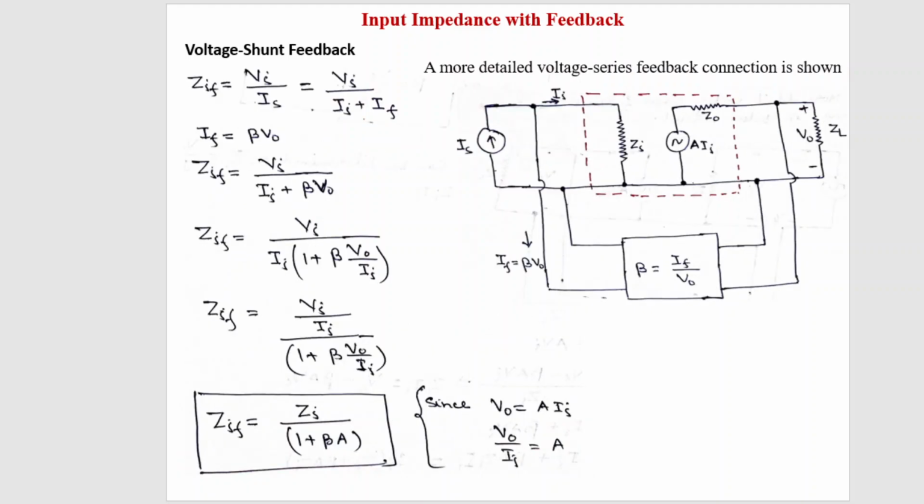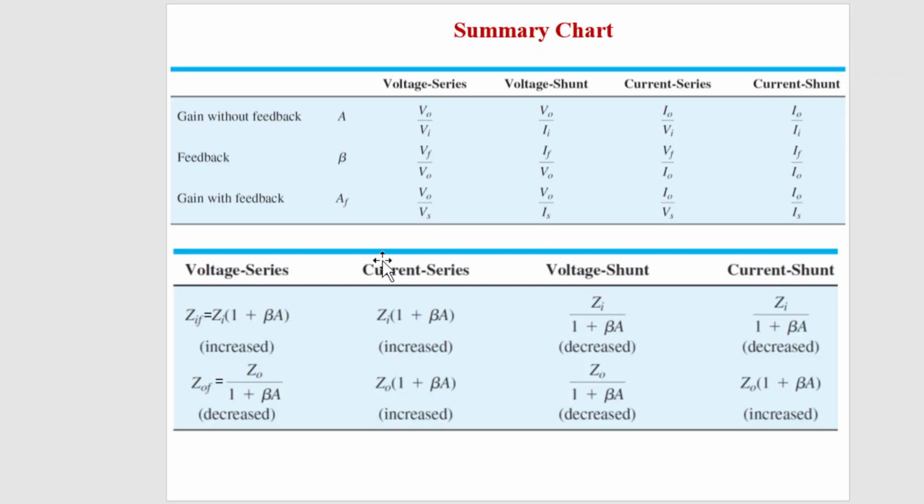Okay. So with this, let us try to compare some other parameters I have tabulated with other quantities. So here let's try to compare gain without feedback and gain with feedback for all four feedback connection types: voltage series, voltage shunt, current series, current shunt.